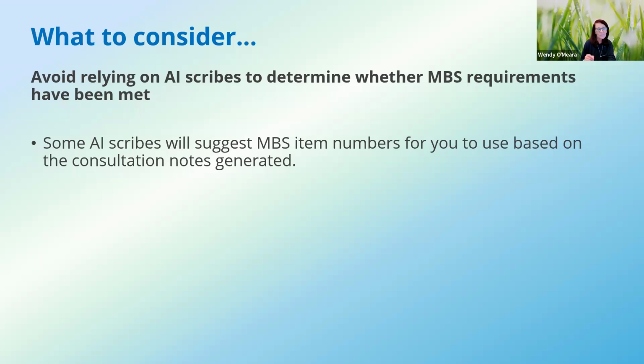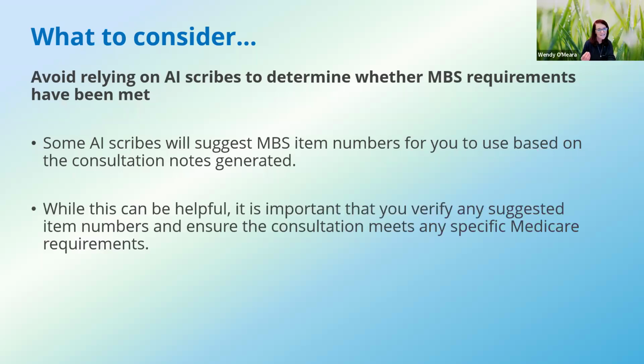So you need to be aware, if you are using a service that does nominate potential item numbers, that you carefully check those to make sure that they are actually relevant, because it's important that the item number that you are charging is completely relevant to the consultation that you just had.